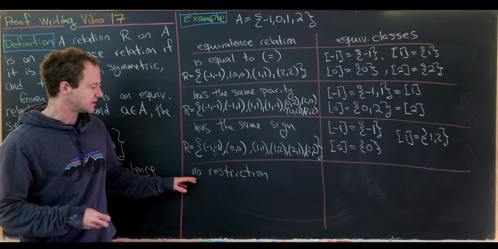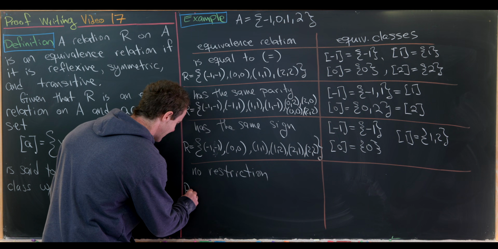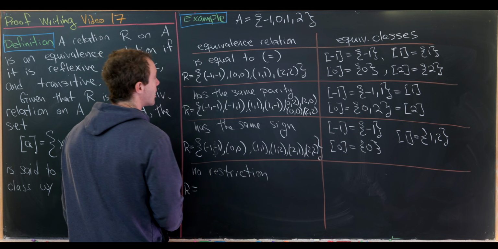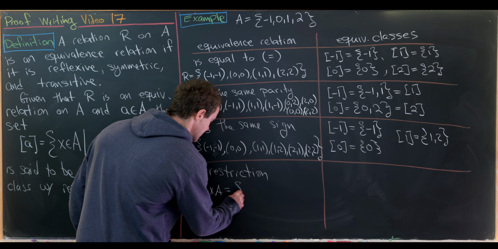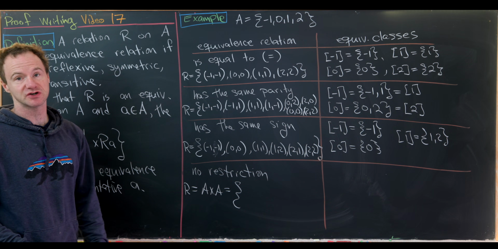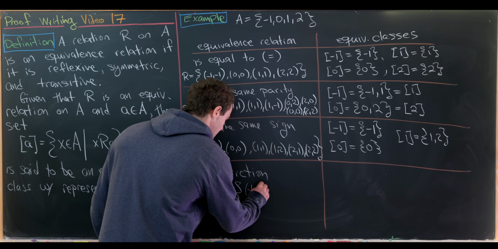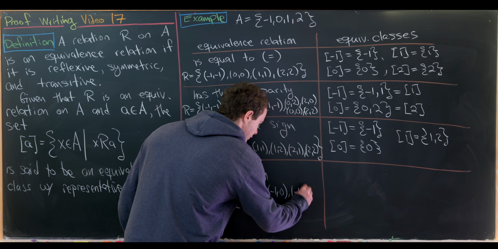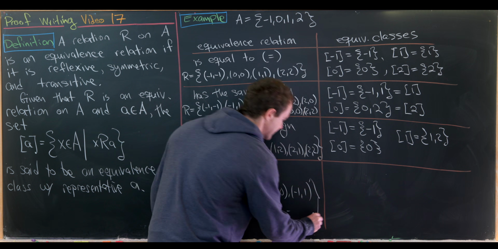Okay, so now let's look at no restriction. By no restriction, I mean everything is equivalent to itself, which means R is simply equal to A cross A. So this will be quite big. Notice we'll have 4 times 4 entries here, so we'll have 16 total entries. So we'll have -1 with -1, -1 with 0, -1 with 1, and -1 with 2, and so on and so forth.